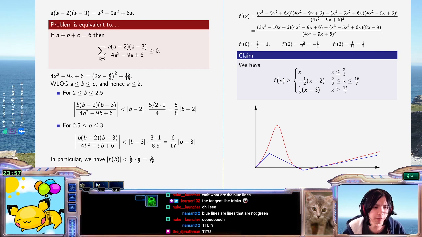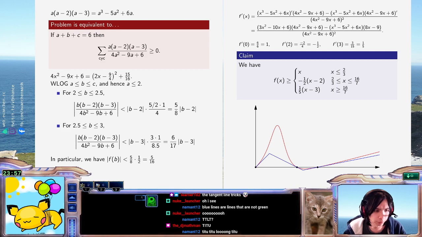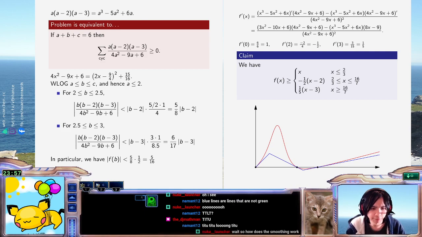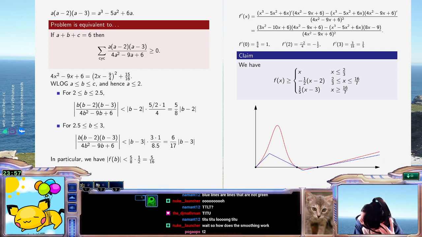Okay, because I did the tangent line trick, you can expand and check that it's fine. So now you can do smoothing, because if I have something in here, well, actually, this is really annoying. Well, okay.